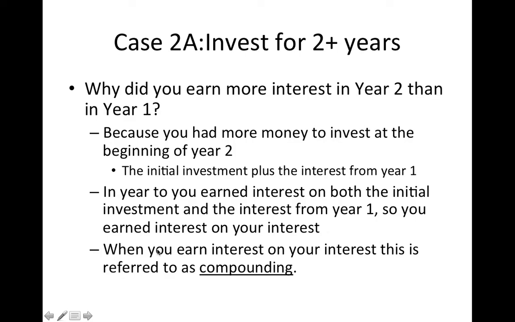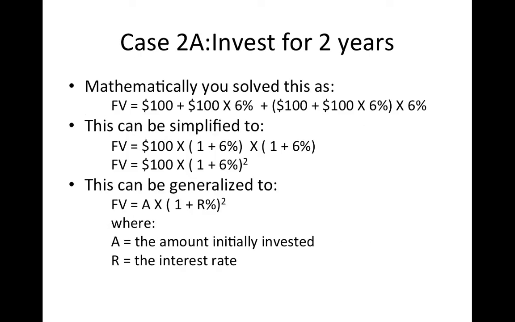And when you earn interest on your interest, we refer to that in financial theory as compounding. So you've compounded your interest. So that's a very powerful concept, particularly in investing. So we'll probably want to explore that here in just a minute.